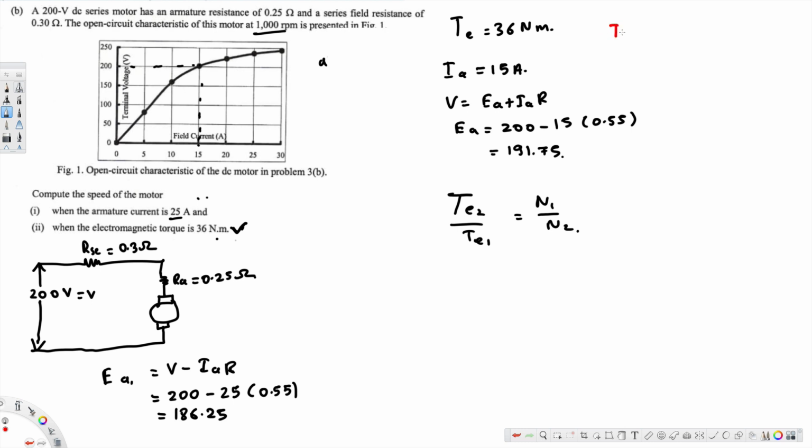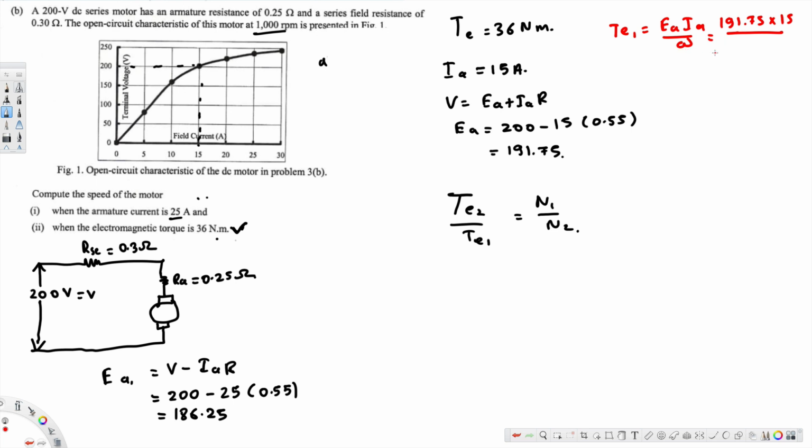To calculate TE1, this is the equation: EA times IA divided by omega. EA is 191.75, times the current, which is 15. Omega is 2π times N over 60.